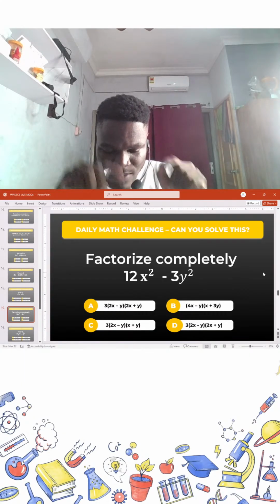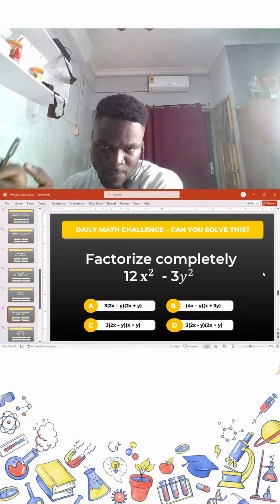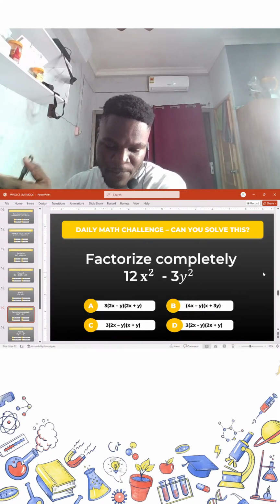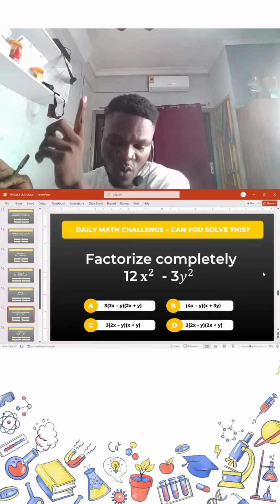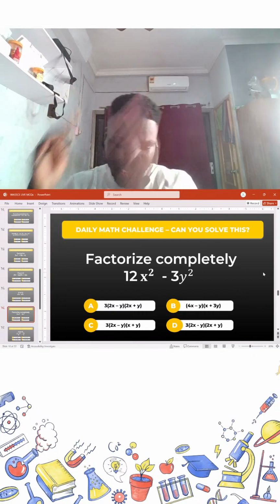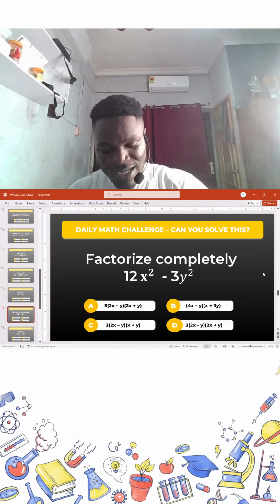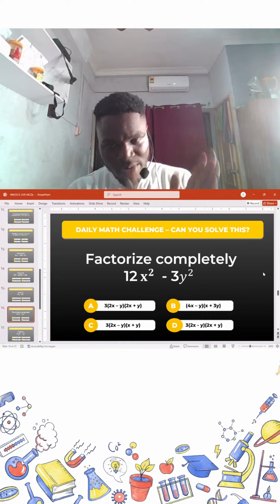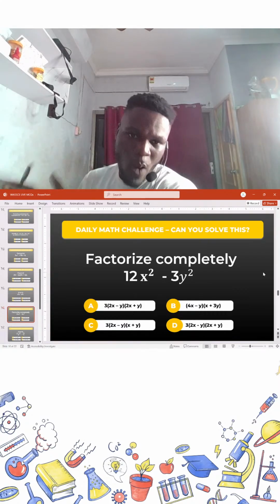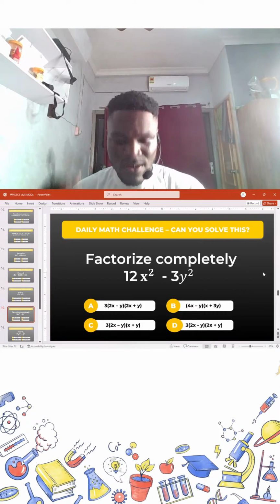So I will now have 2x minus y in one bracket, 2x plus y in another bracket. If you multiply those two brackets back, you will get 2 squared x squared minus y squared, which is the same as 4x squared minus y squared. Remember, there's 3 outside, so the 3 is also there. So our final answer is 3 into bracket 2x minus y, into bracket 2x plus y. And if we look at the possible answers over here, option A is the correct answer for this particular problem.